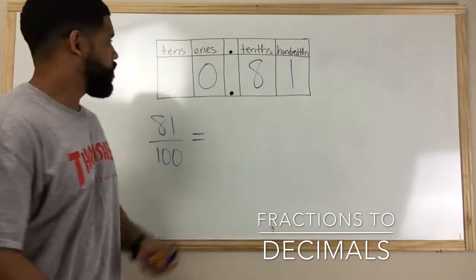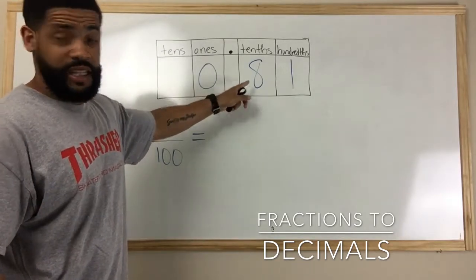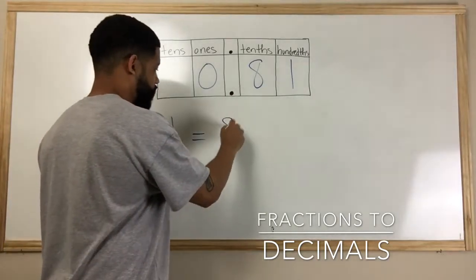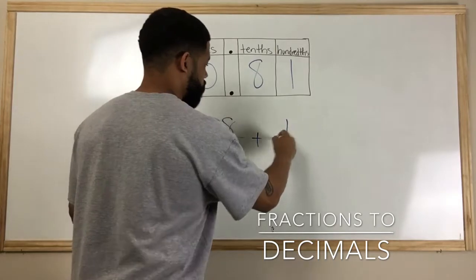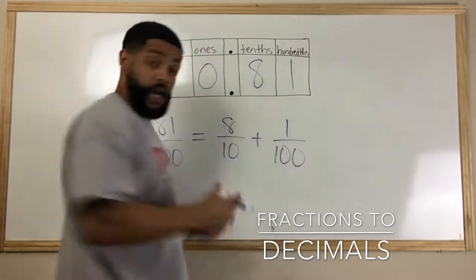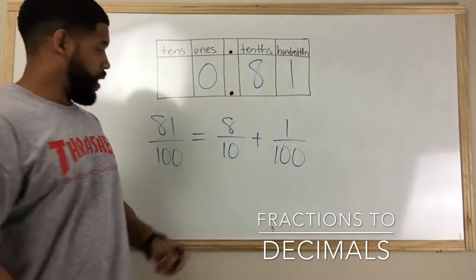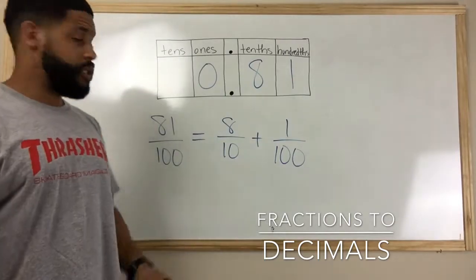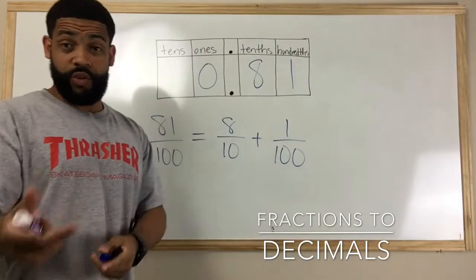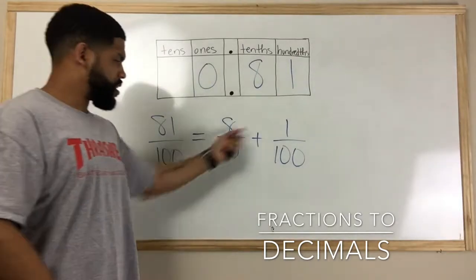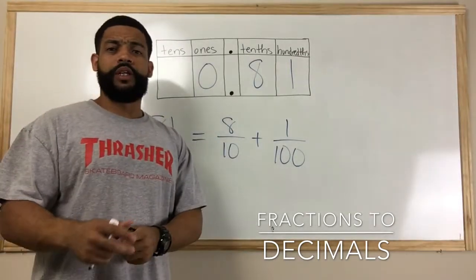We can expand it. This tells me that we have 8/10, so this is the same thing as having 8/10 plus 1/100th. Although those have different denominators, we know that the 8/10 is equivalent to 80 hundredths. This connects to the previous lesson.